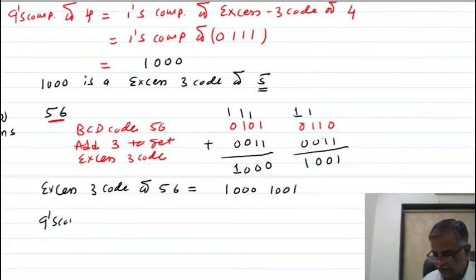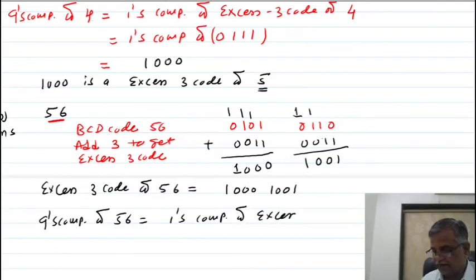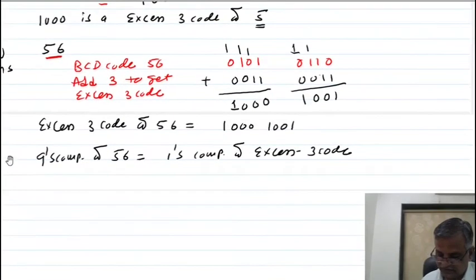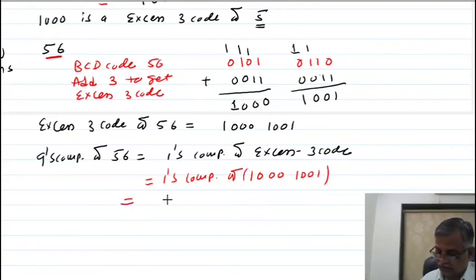Ninth complement of 56 is equal to first complement of XS3 code. So I'll write like this. First complement of 1000 1001, I will write 0111 and 0110.